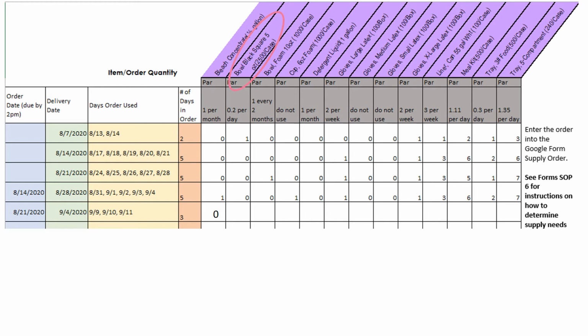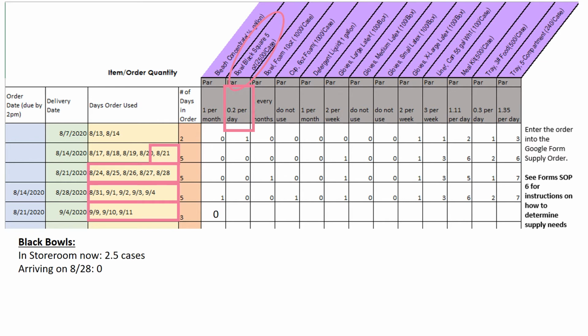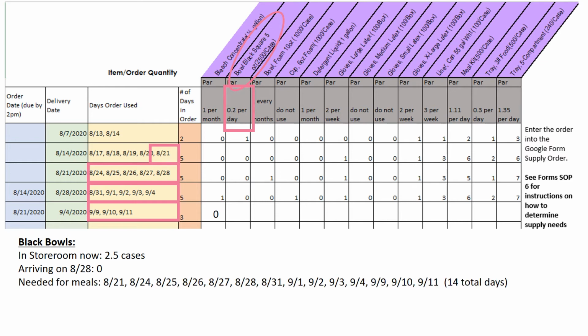Today is August 21st. We have 2.5 cases of black bowls in our storeroom now. We need those to last from today through the dates we are ordering for. That is 8/21 through 9/11, for a total of 14 days. According to our PAR level, we use 0.2 cases per day. So in 14 days, we will use 2.8 cases.